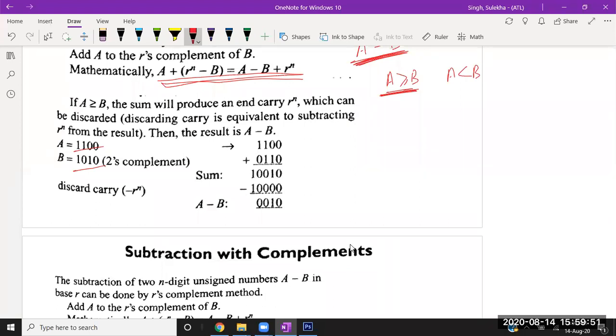We will see what is happening in this case, and follow the same method. Then we will see what method we need to implement when a is less than b.